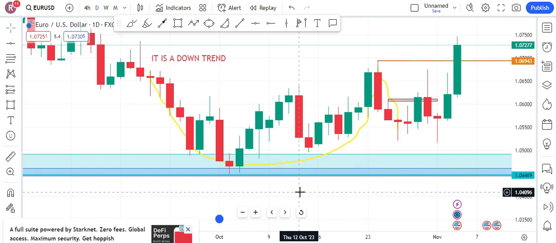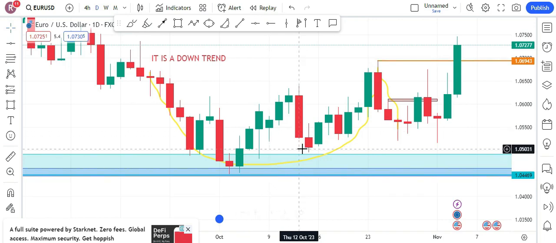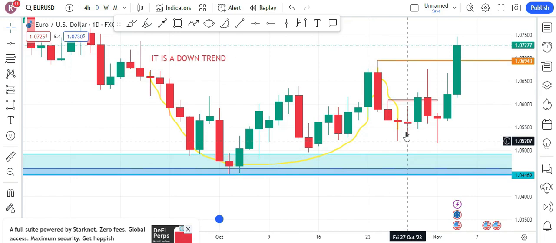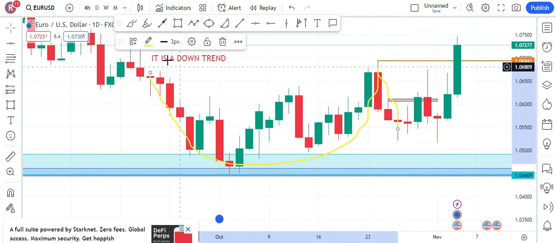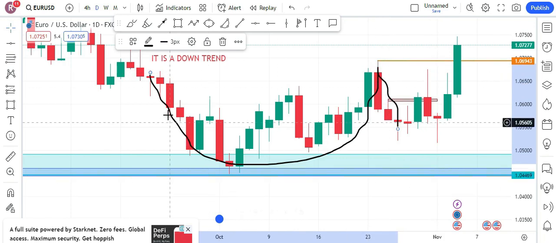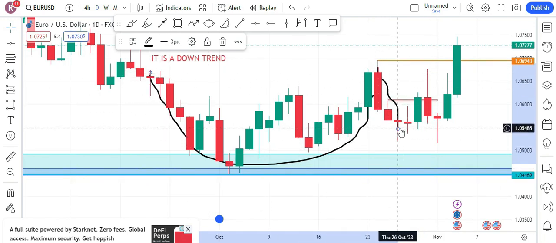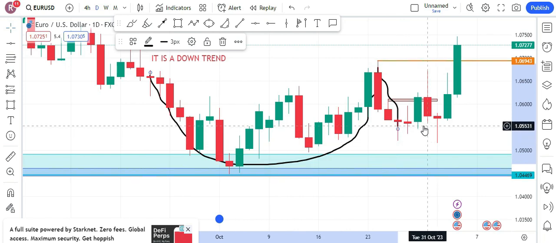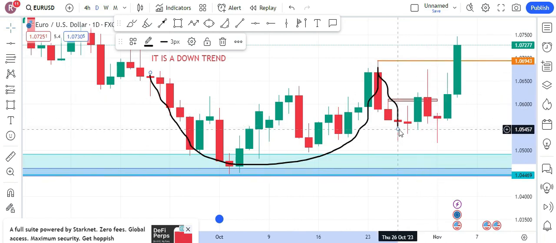So we did consider the market structure, and now this cup and handle has been formed. Let me make it black so you guys can visualize it more clearly. Can you guys see? This is the cup and this is the handle. It is formed in the last week.